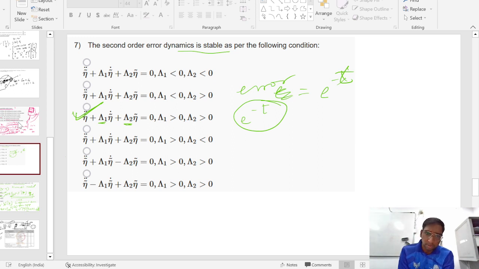Because when you put the greater than 0 sign over here, the solution is in the form of a decaying exponential, which is nothing but asymptotically stable. Or you can say the eigenvalues will be negative for this system if you represent it in state space form.